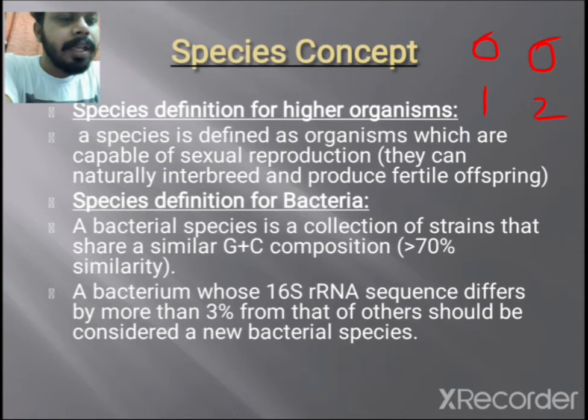And in another way, if these two organisms' 16S RNA sequences are similar by more than 97%, then we can say that these two organisms belong to the same bacterial species. Okay, so depending on the 16S RNA sequence, we can also classify whether they belong to the same species or not. Okay, so these are the concepts of species for higher organisms and for bacteria or prokaryotic organisms.